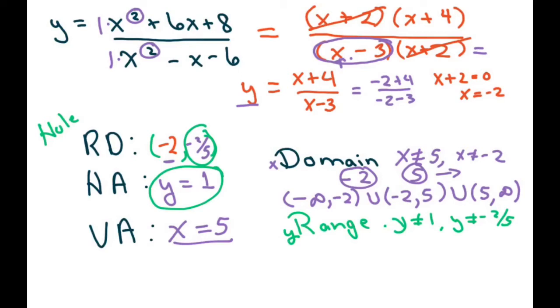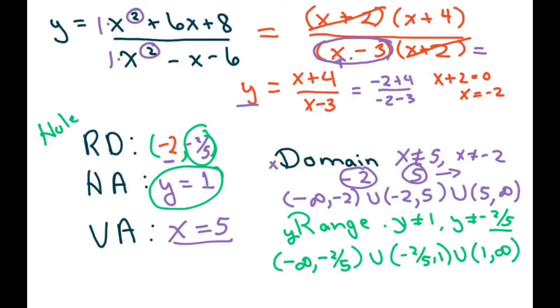So to write it, we start with the negatives: negative infinity to negative 2/5, or negative 2/5 to 1, or 1 comma infinity. So just order your numbers from least to greatest, and you can write it out this way.